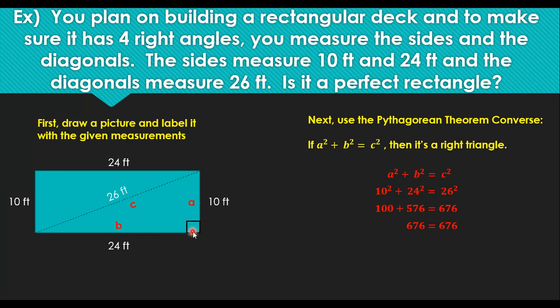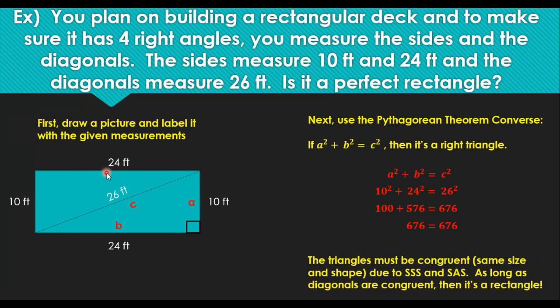So how do I know that this is a perfect rectangle then? If I think about that, I have a right triangle. How can I use the fact that I have a right triangle with side lengths 10 and 24, and then another triangle with 10 and 24 to verify that I have a rectangle? Well, the triangles have to be congruent because they share the same side, and also side angle side, right?